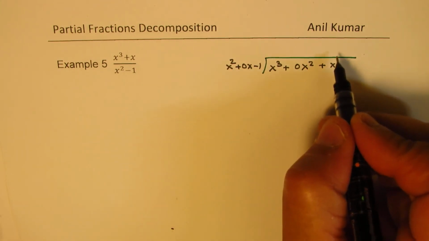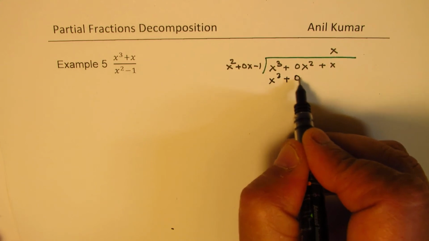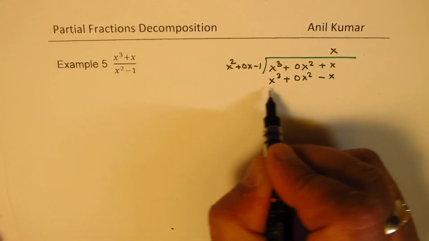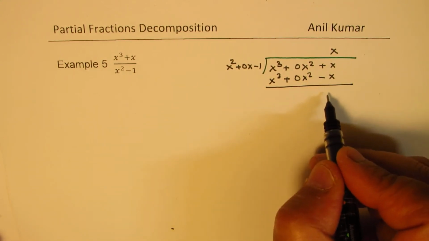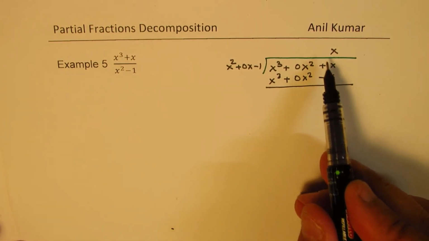So the first factor here will be x. And dividing, we get x cubed plus 0x squared minus x. And when you take away, you get 2x. Correct? So we get x plus 2x.